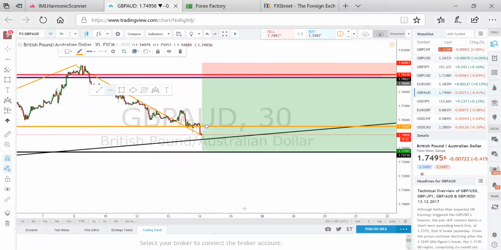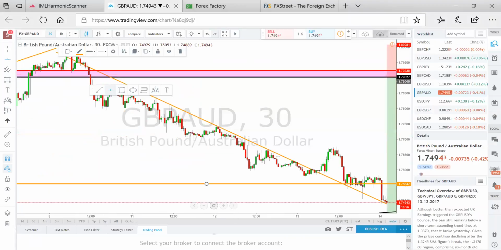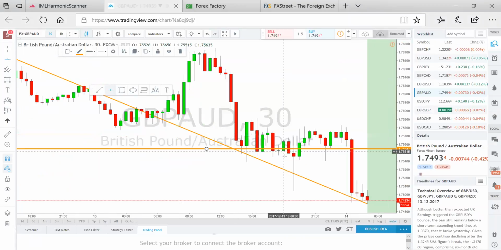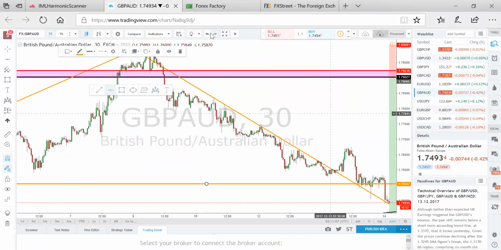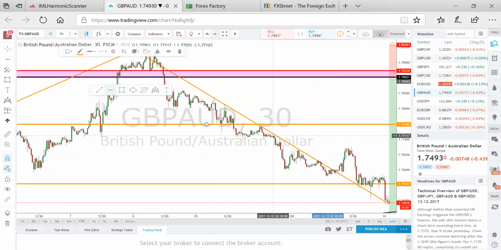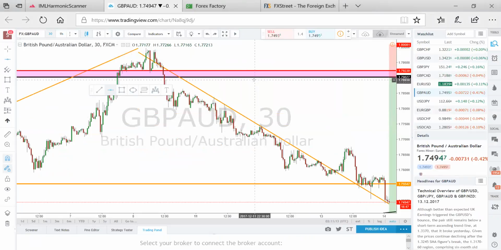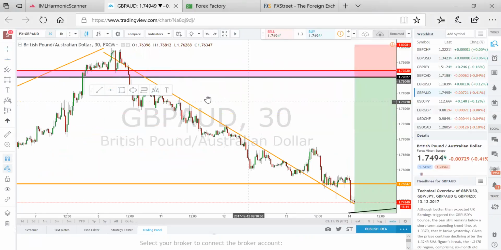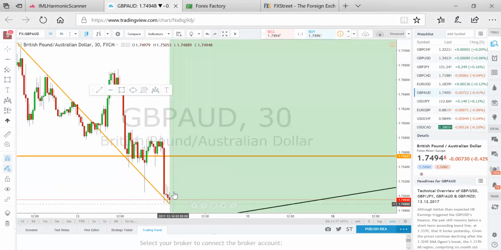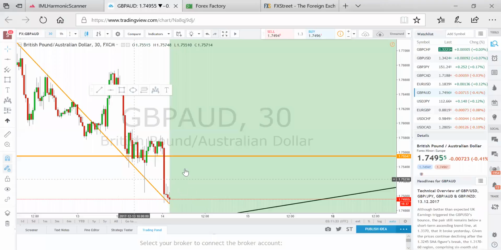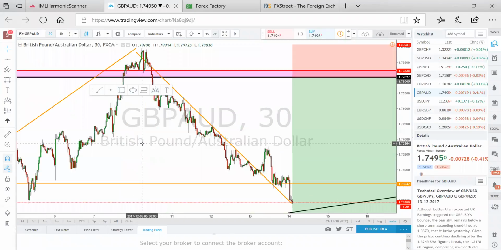After news, price broke that orange line, which tells me the possibility that price wants to come retest this line before it goes back down in a sell. So all of these are things that you have to watch before you execute a trade.